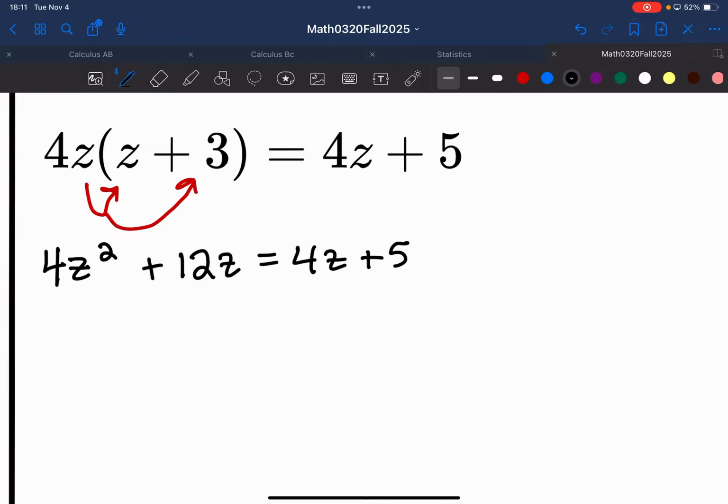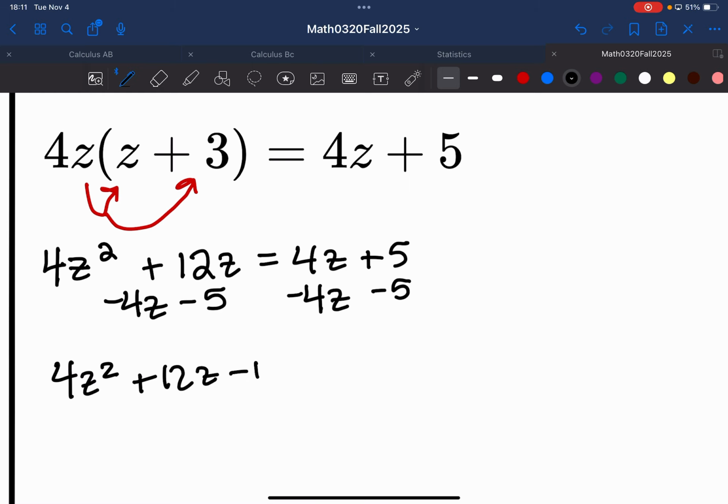And then our goal is to get this equal to what? 0. So what are we moving over? 4z and the 5. We're bringing all of that over. Which means we have 4z squared plus 12z minus 4z minus 5 equals 0.